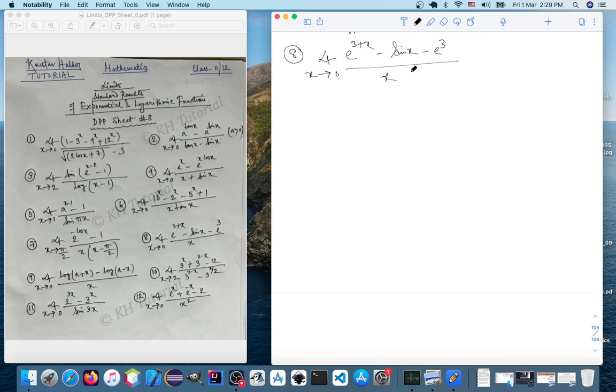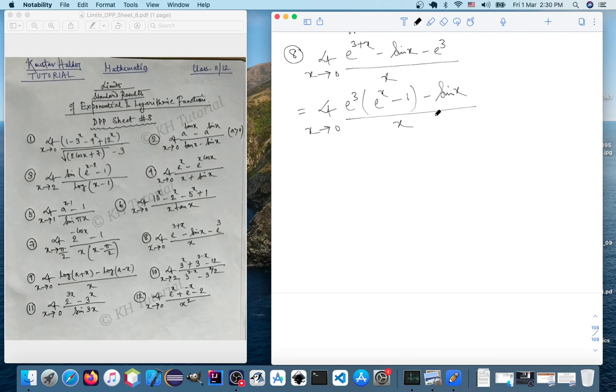Okay, so we see two terms of the form a to the power x with the same base e. If we take e to the power 3 common, we can write e to the power x minus sin x minus 1, and this thing.